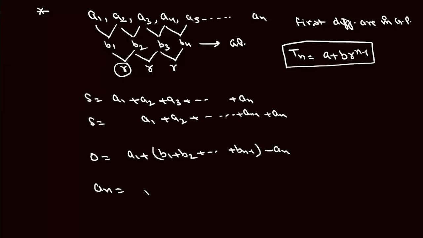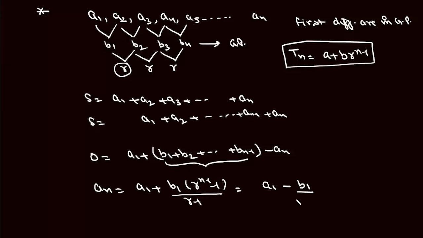So we can simply write this an as a1 plus, now this is the sum of a GP, and we know that the sum of a GP is a(r^(n−1) − 1)/(r − 1). Now we can rewrite this as (a1 − b1/(r−1)) plus b1/(r−1) times r^(n−1). Now this is some constant a and this is some constant b. So its nth term will be of the form a + b·r^(n−1).